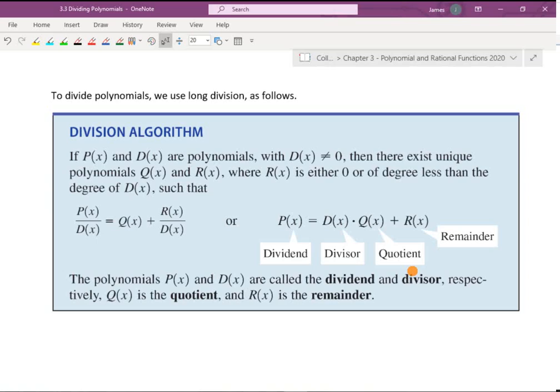Then there exist unique polynomials q and r, where r is your remainder and q stands for your quotient. Does that make sense? Now, the algorithm says you continue to find parts of q, essentially parts of your quotient, until r is either 0, a numerical value of 0, or it's a degree less than the degree of d of x, which tells you how and when to stop your division.